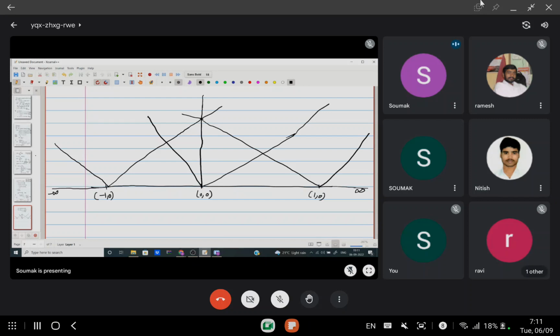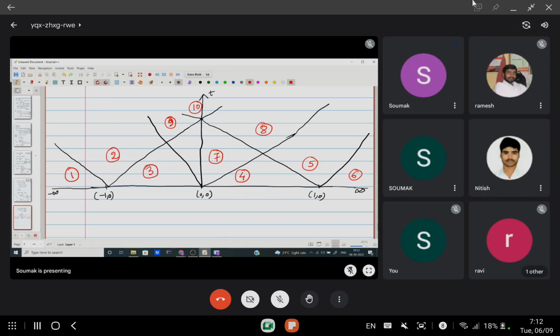Okay, this is the t axis, positive t axis. Let me use another color. It is region 1, region 2, region 3, region 4, region 5, region 6, here it is region 7, region 8, region 9, and it is region 10 outside.